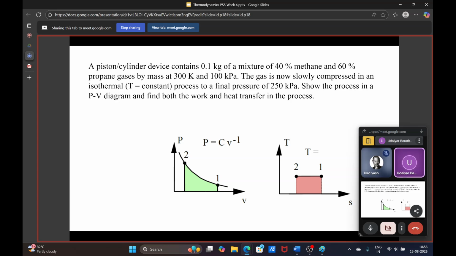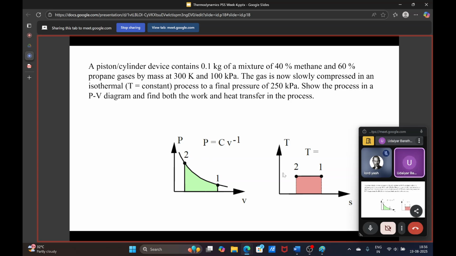So the first case is we have a mixture which is methane and propane, and by mass, this is the mass fraction, and it is at a temperature of 300 and 100 kilopascal. First it is being slowly compressed in an isothermal process to 250 kilopascal. So we are showing it in a PV and TS diagram.